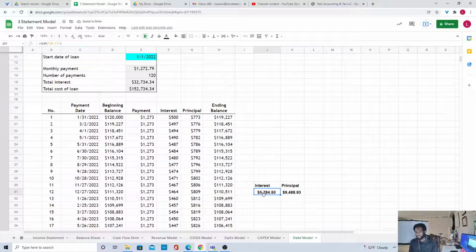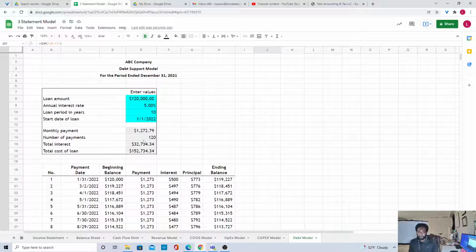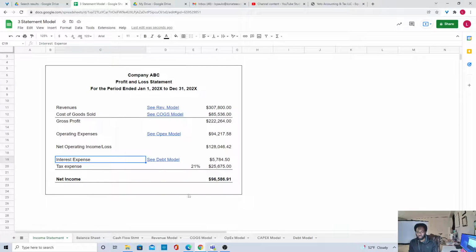So our interest is 5,700 for this year, and everything should flow straight to my P&L statement. So at the end of the year, right after paying the taxes, I'm going to be seeing about 96,000 in net income. So this is how you build your P&L model.